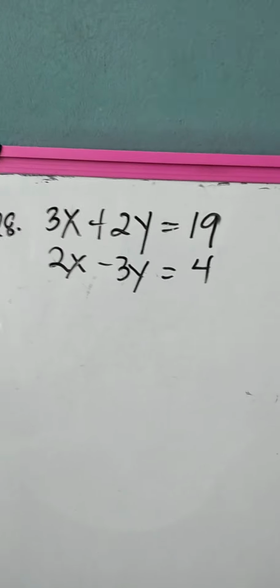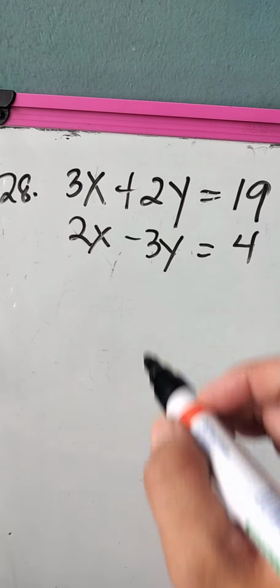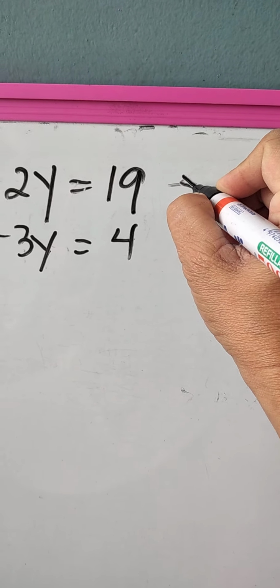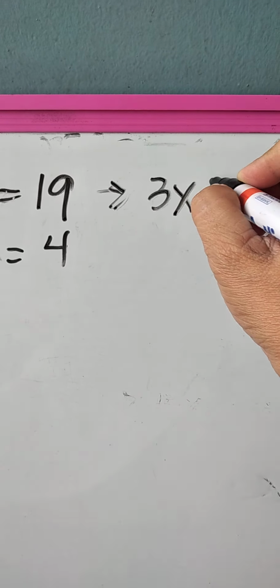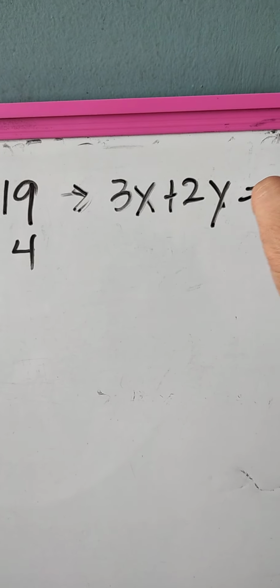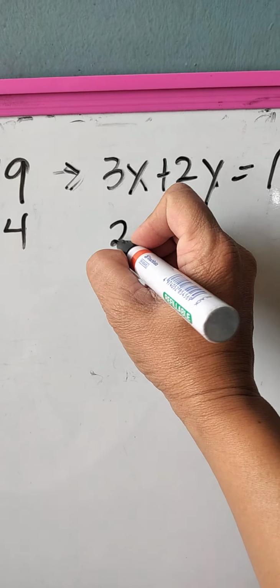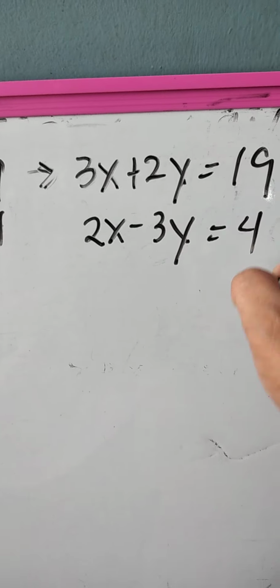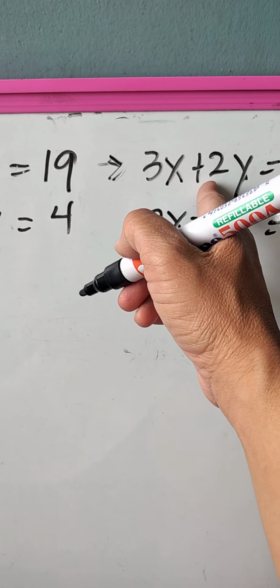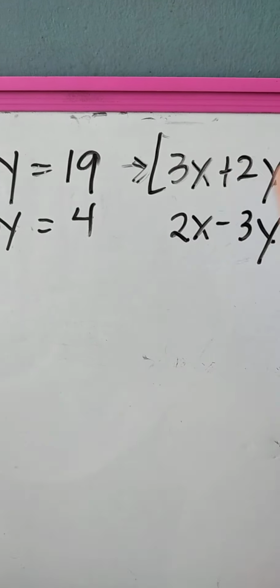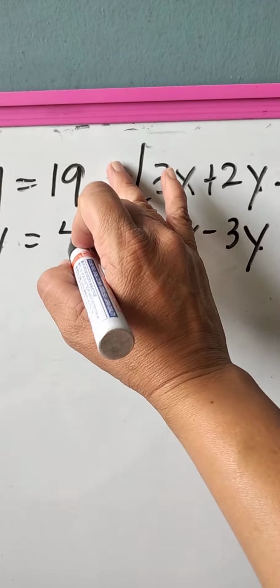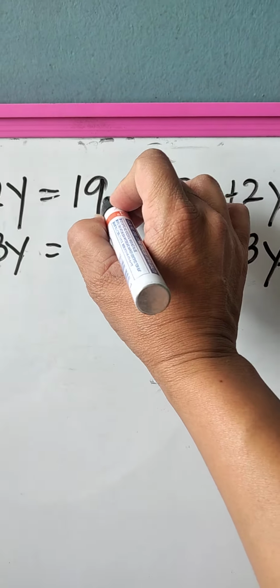And so to get 6, what will I multiply to 2? I will copy first. 3x plus 2y equals 19. 2x minus 3y equals 4. So to get 6 for my LCM, I will multiply 3 to both sides of the first equation.